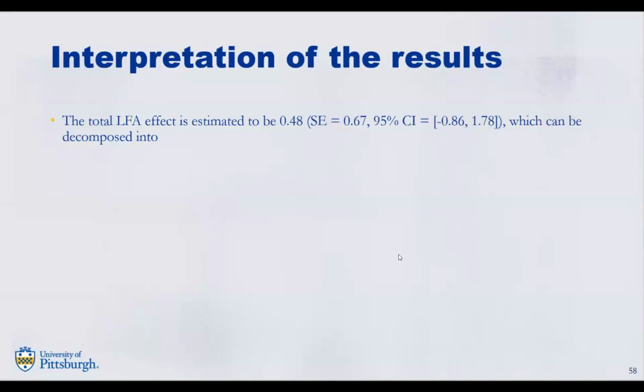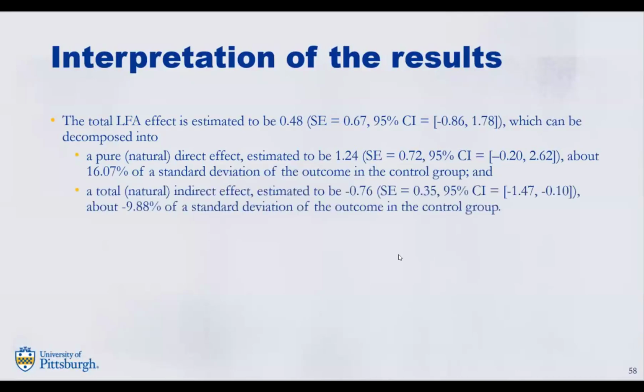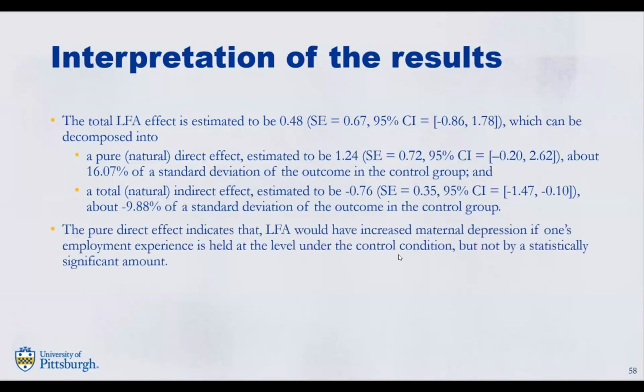After obtaining the output, you will be able to tell that the total LFA effect is estimated to be 0.48, which can be decomposed into a pure direct effect, estimated to be 1.24, about 16% of a standard deviation of the outcome in the control group, and a total natural indirect effect estimated to be negative 0.76, about negative 9% or 10% of a standard deviation of the outcome in the control group.